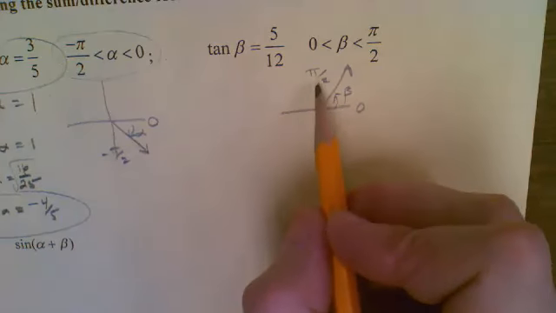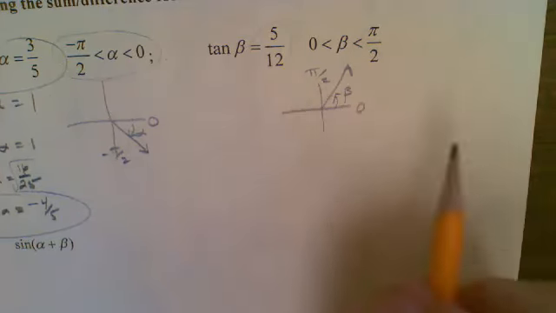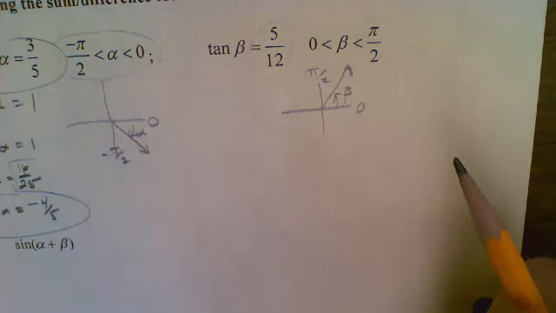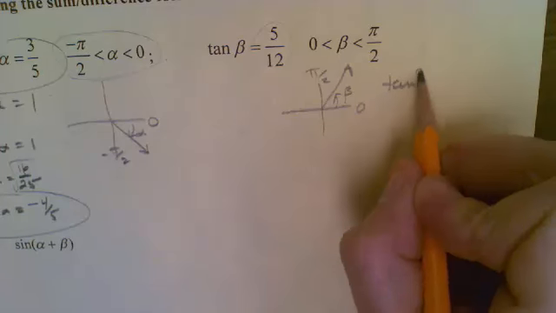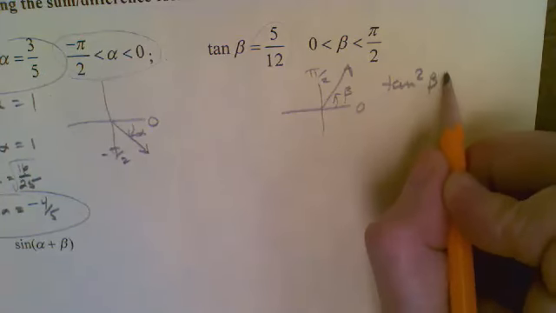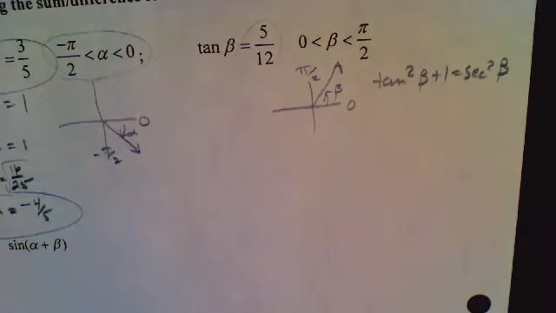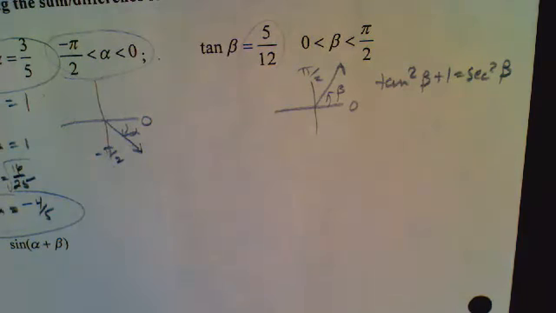We have to find, with this one they're given the tangent is 5/12. So now I can either use tangent squared plus 1, I could use that. Tangent squared beta plus 1 has to equal the secant squared beta. Once we have the secant, we can flip it to get the cosine.